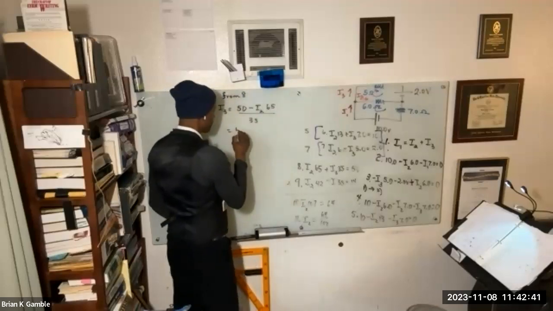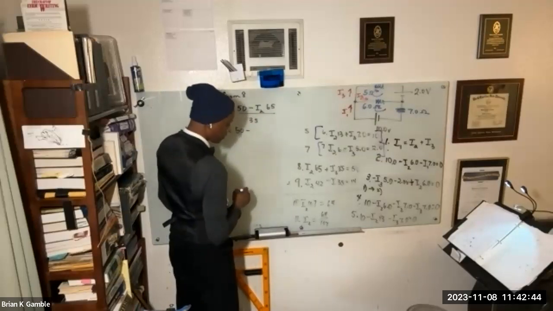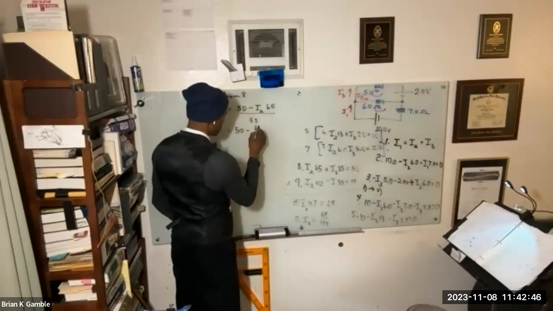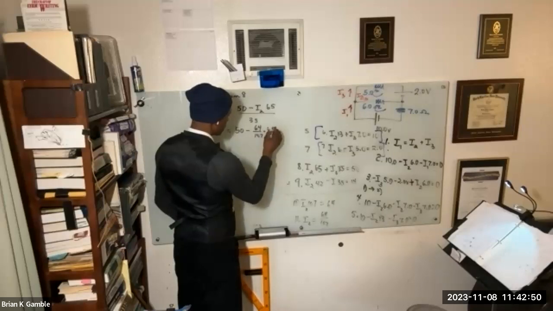So that's going to be 50 minus I2, which is 64 107ths, times 65, divided by 35.